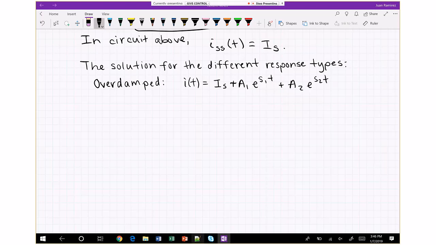Then critically damped, and finally underdamped.